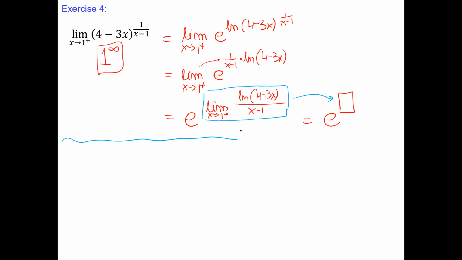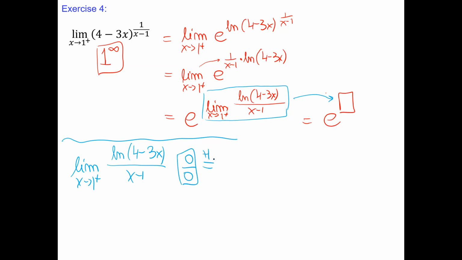Okay, let's see. Limit as x is approaching 1 from the right-hand side, logarithmic function, 4 minus 3x over x minus 1. ln at 1 is 0, 1 minus 1 is 0.